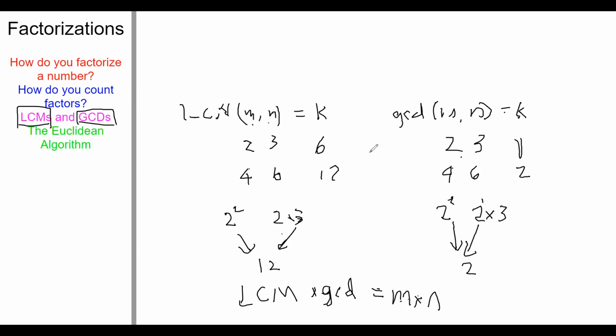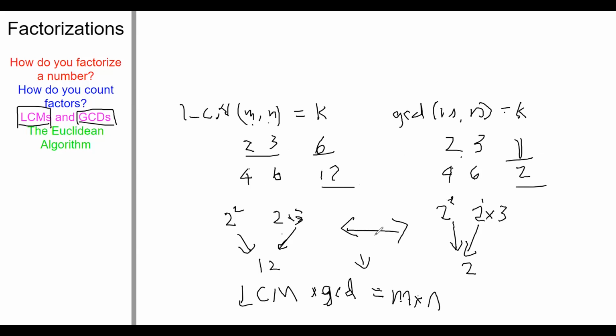So you notice that 4 times 6 equals 24, 12 times 2 also equals 24. 2 times 3 equals 6, 6 times 1 is also equal to 6. And I think that if you look a little bit closely into the method to calculating each of them, this provides a lot of insight into why this is always true.